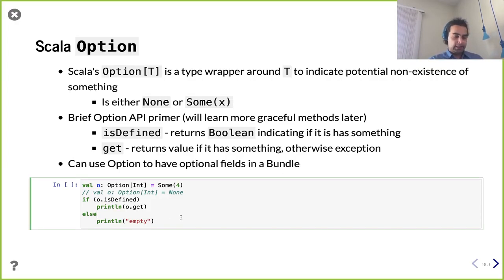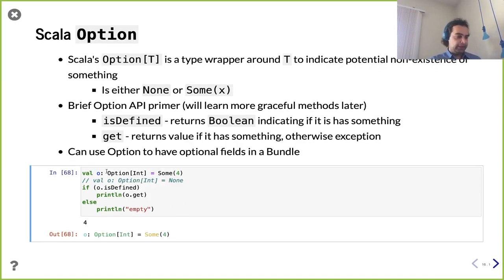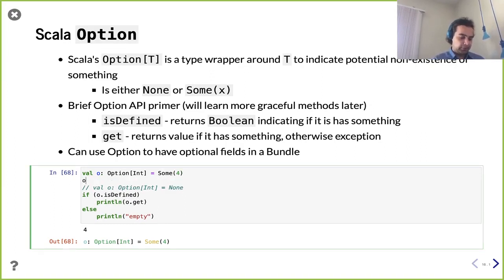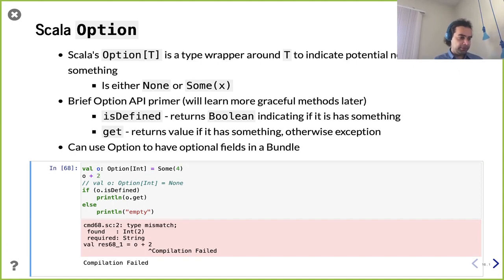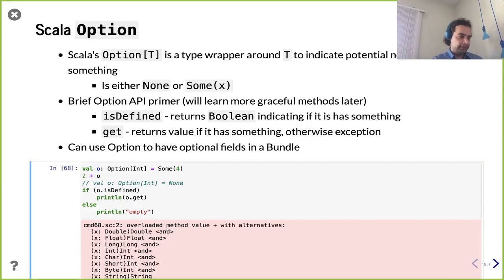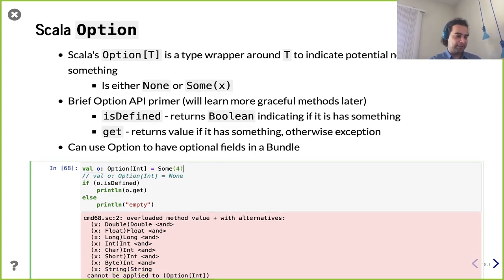So here's a little example. We defined an option of type Int, and we said it was Some of 4, right? If I try to say o plus 2, this is probably going to be a little grumpy because it's trying to add 2 onto Some, or maybe the other way around. It's unable to figure out a way to add an integer plus an option, right?